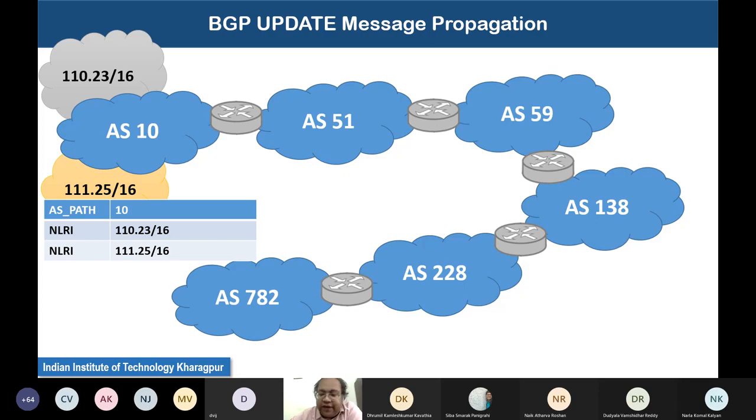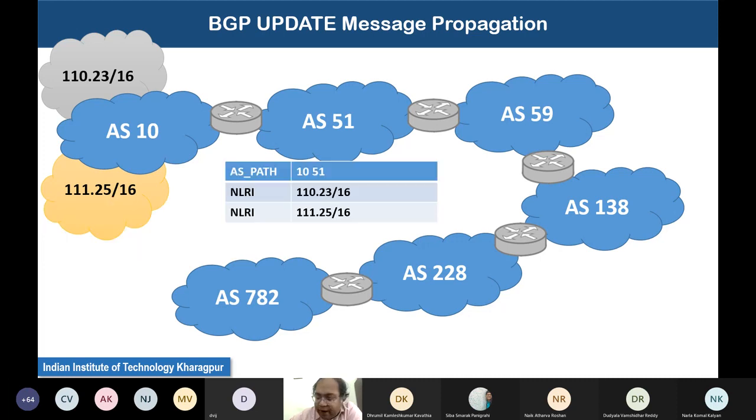So the BGP speaker of AS10 constructs a BGP update message. In the BGP update message, the AS path attribute contains the ID of this autonomous system, that is 10, and the corresponding NLRI information is 110.23/16 and 115.25/16.